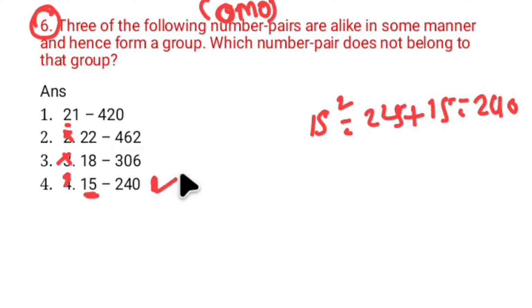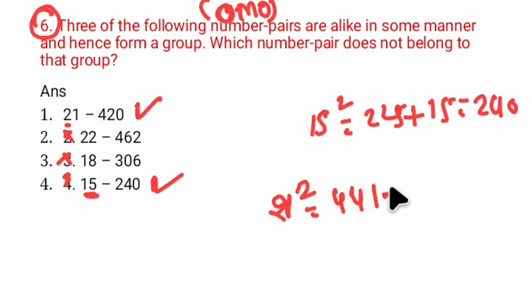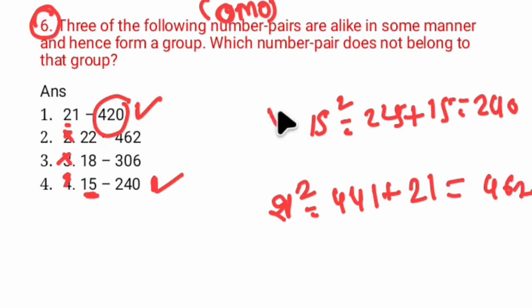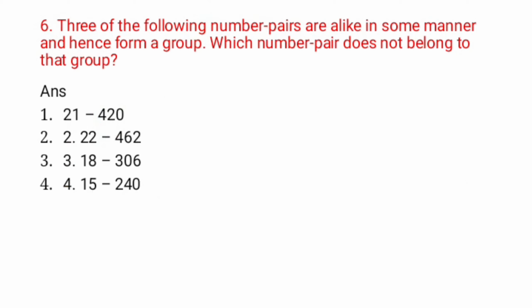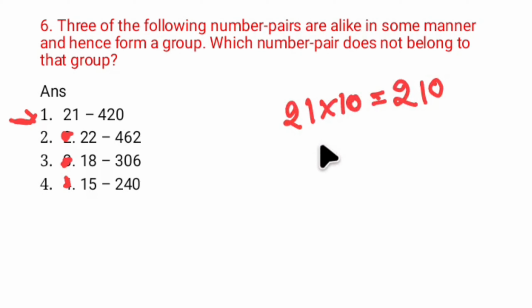And in the same way, 21 squared is 441. Plus 21 would be 462, but here 420 was given. So therefore this method is not applicable for this question. So we have to apply another method. If I say this statement, 21 times 20 is 420.